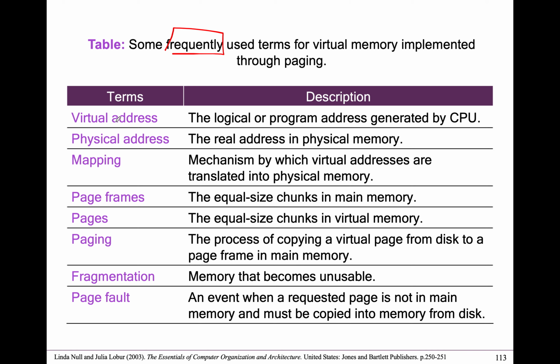Let's say I give you an example: pick the correct description about virtual address, with four options A, B, C and D. You need to pick the correct answer.